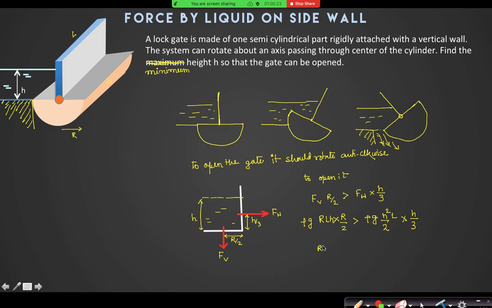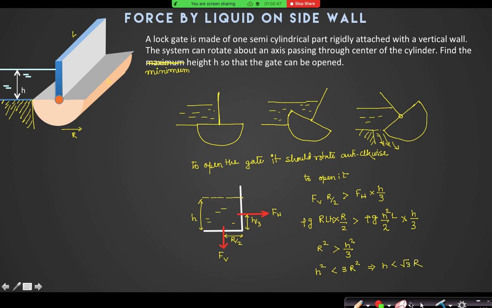So I can say R square is greater than h square by 3. So I think h square should be less than 3R square. So h is less than root 3 R.